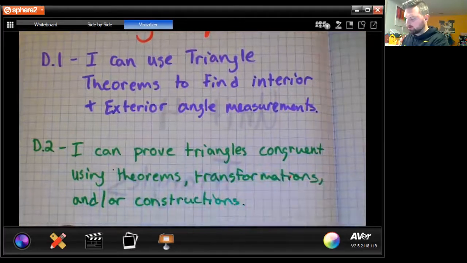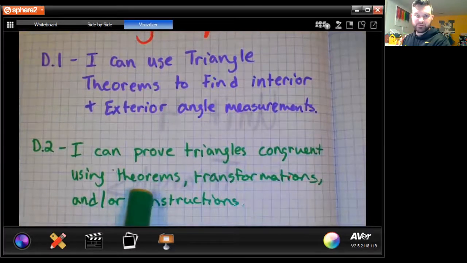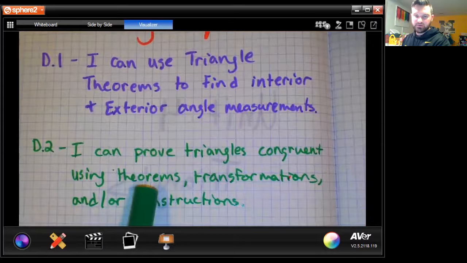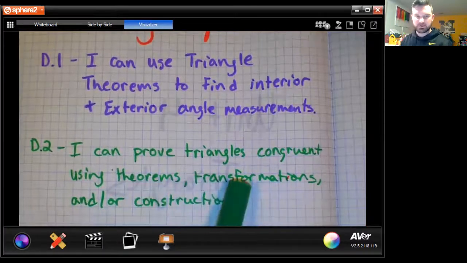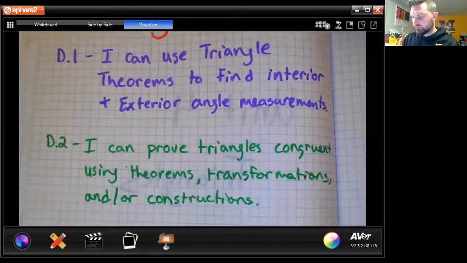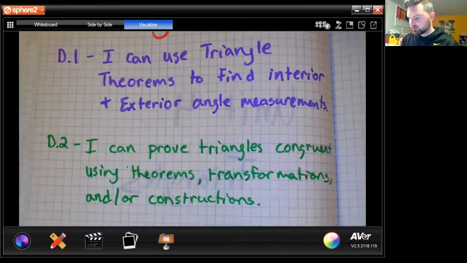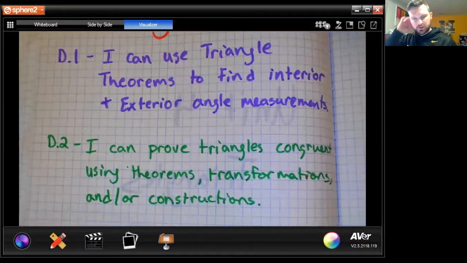Okay, so on this one, we're gonna really focus on the theorems. We've kind of already talked about transformations, and we're not really going to talk much about constructions, but we are going to do the theorems.